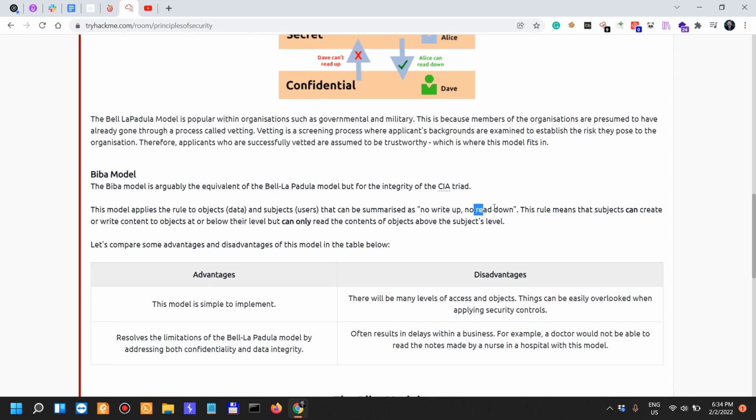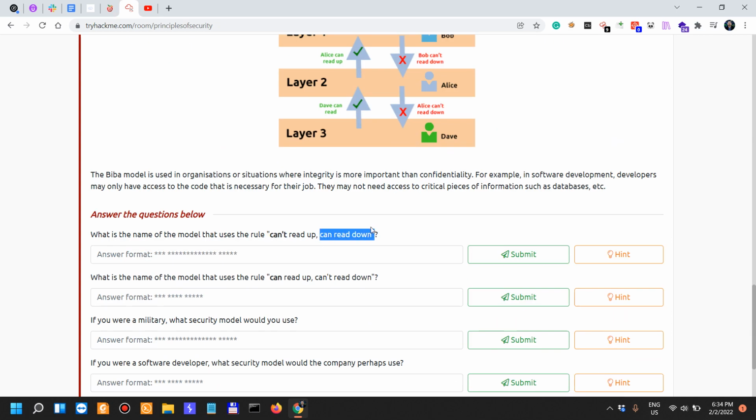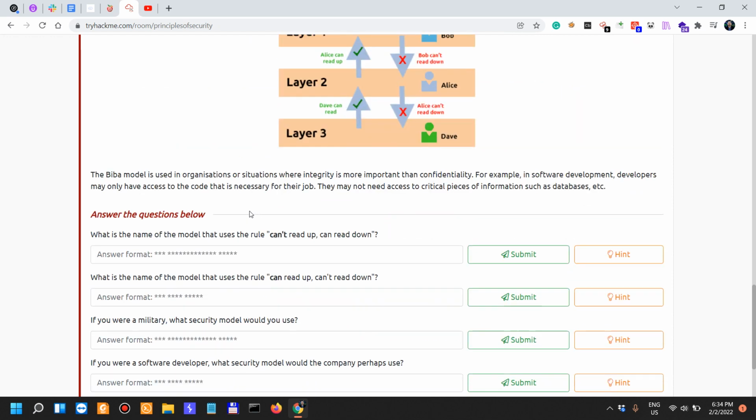No write up, no read down. So this model cannot read down, but this one that they're actually talking about, so it would be this one, the Bella Padula model. Just copy paste it.